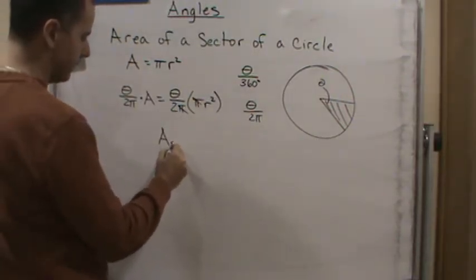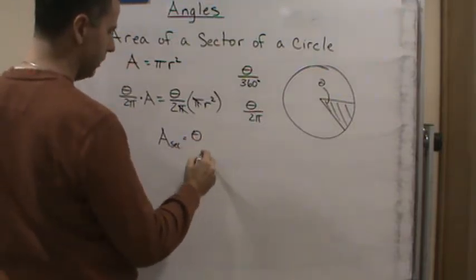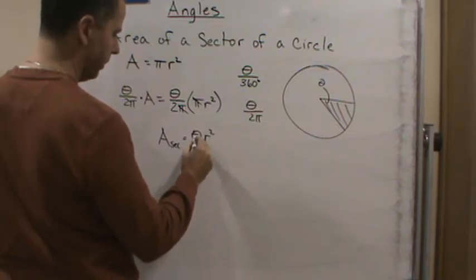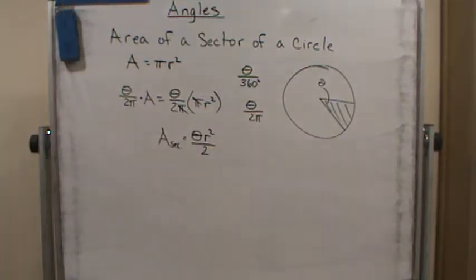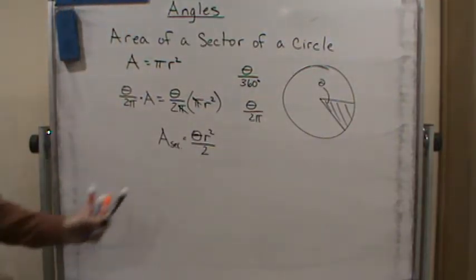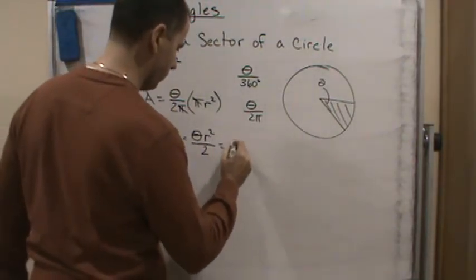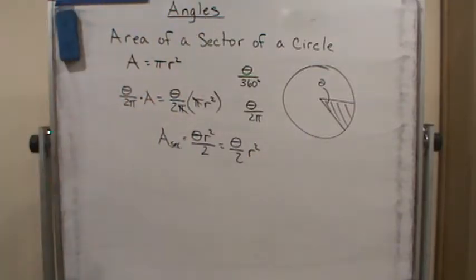The area of a sector is equal to theta r squared over 2, or half of theta times r squared. And that's how you get the area of a sector of a circle.